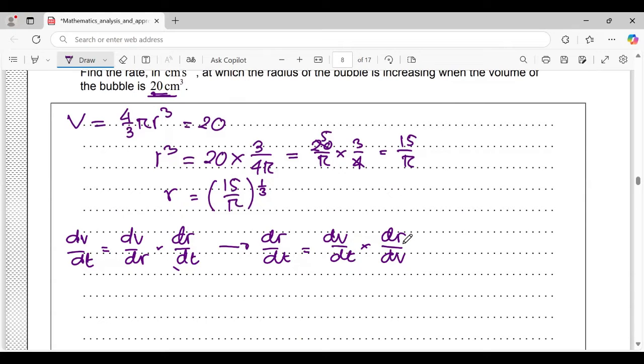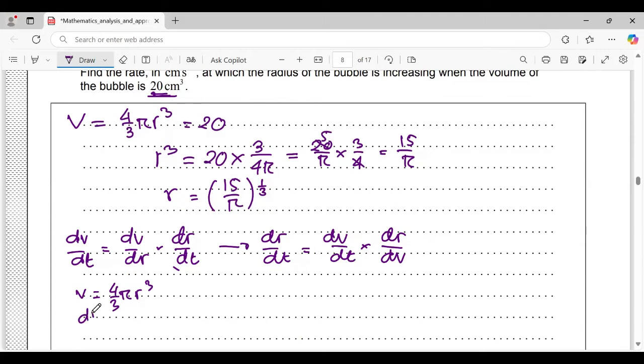And next, we're going to find dr/dV from this equation, V equals 4/3 π r cubed.